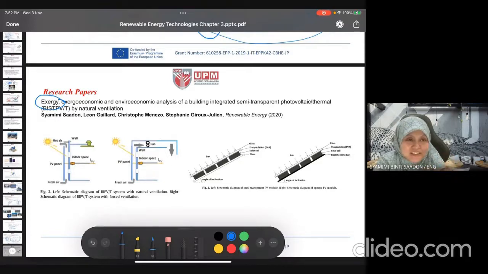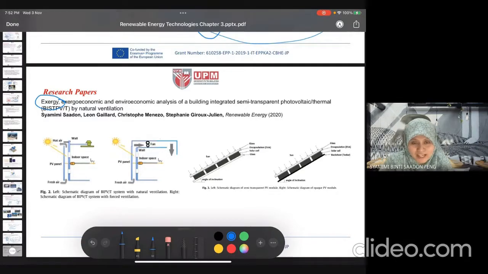It's just that the unit is different, but the function, the objective is the same. With exergy and entropy, we want to account for the second law of thermodynamics, the energy loss, the irreversibility. So we apply this exergy analysis concept, or entropy loss, energy loss concept, in the BIPVT.